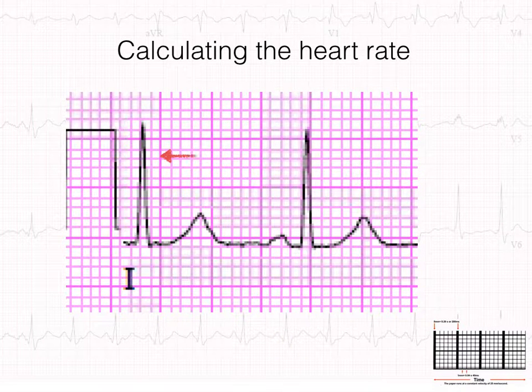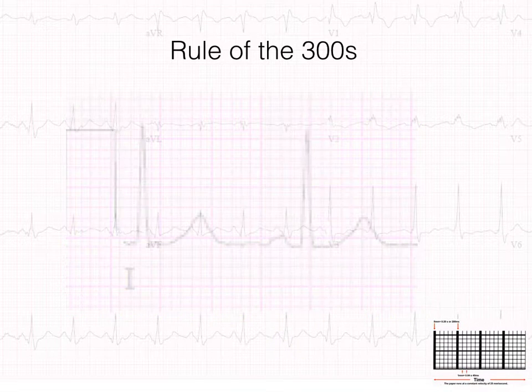We also can use the big squares, and this will give you a faster approach. One big square equals 5 millimeters, or 0.2 seconds, or 200 milliseconds. And we can use the rule of the 300s.